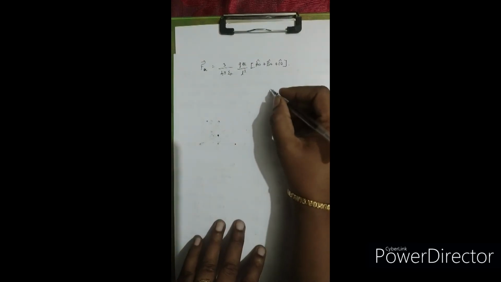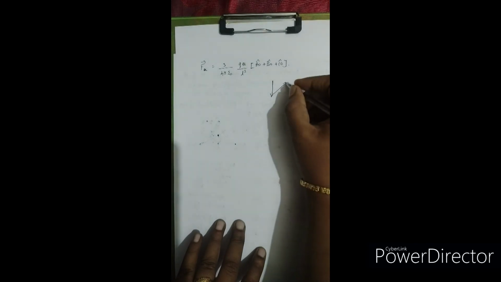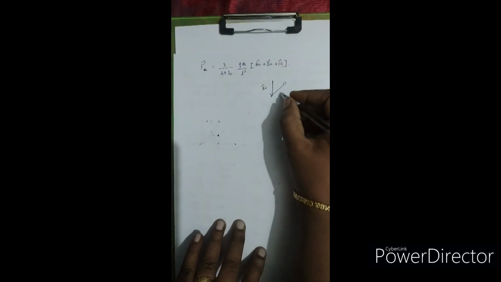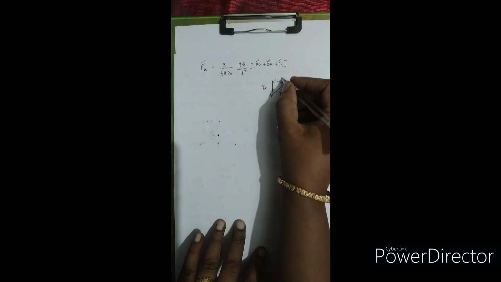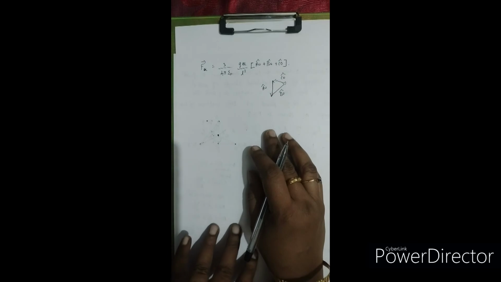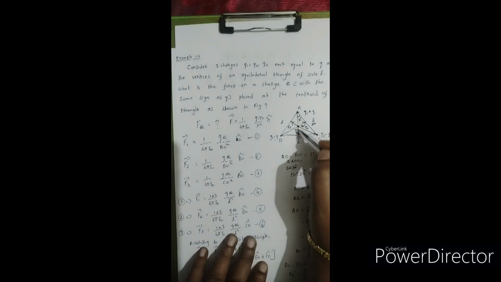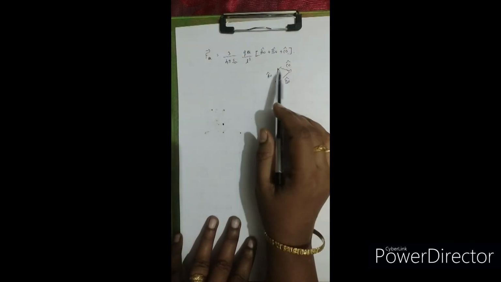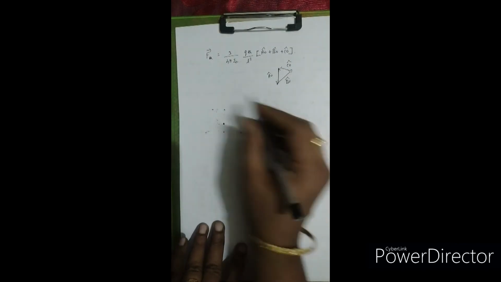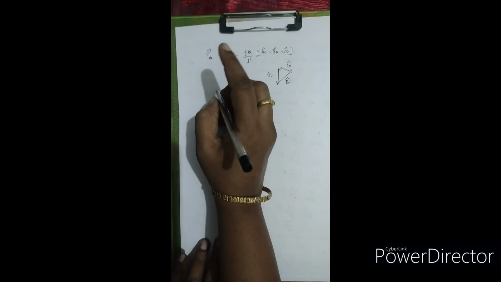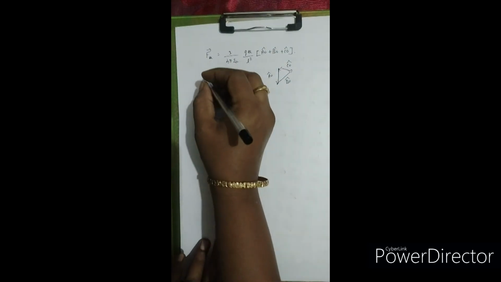So this is your AO vector, this is your BO vector, and this will be your CO unit vector. Okay, right? And if you note the angle between all these three, I will show you in the next page. The angle between all these three vectors will be equal to 120 degree. So each pair of unit vectors will be making 120 degree.